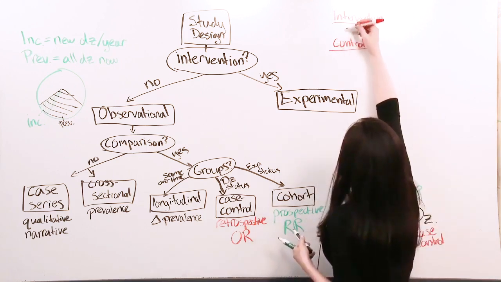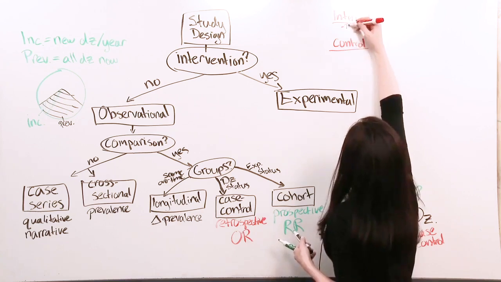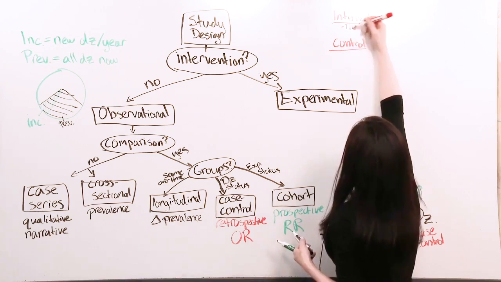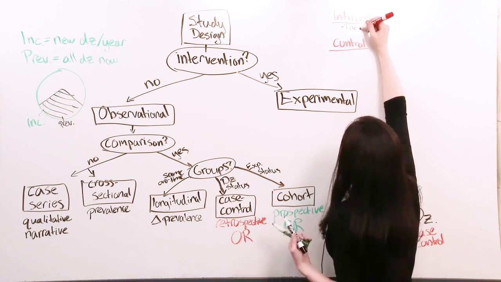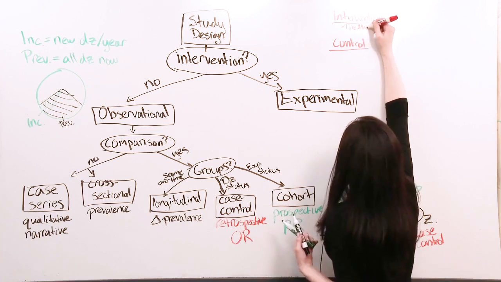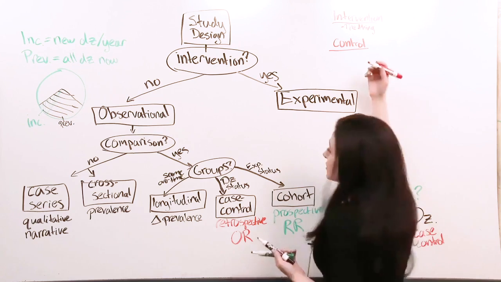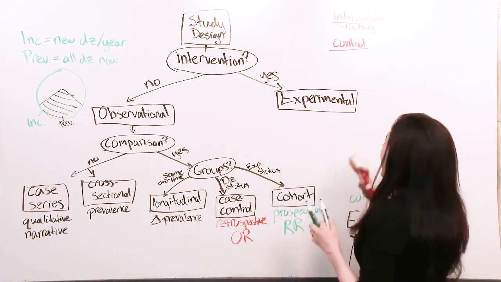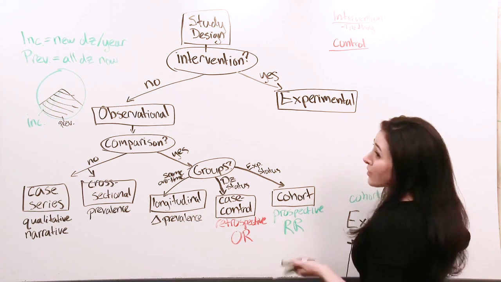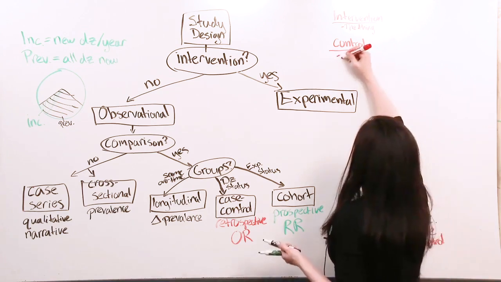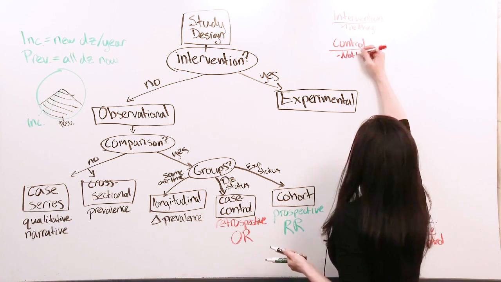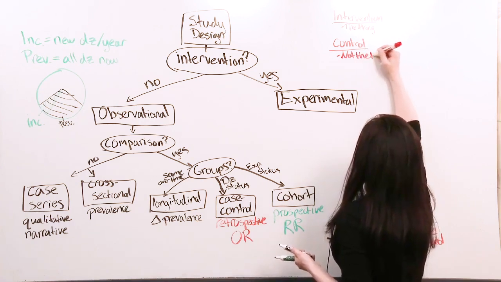So the intervention group receives the thing, whatever it is that the researcher is giving the study group. This is what we're interested in studying. The control group receives anything except for the thing that we are looking at. Not the intervention, not the thing.